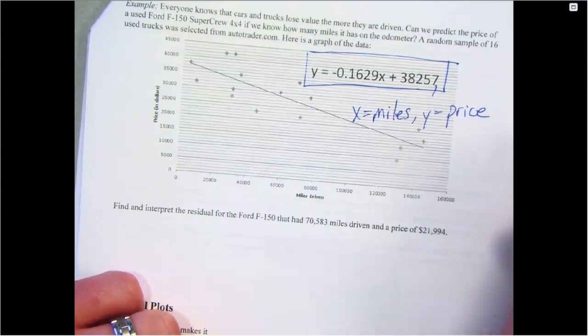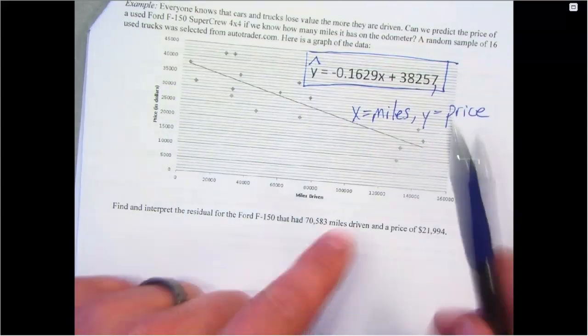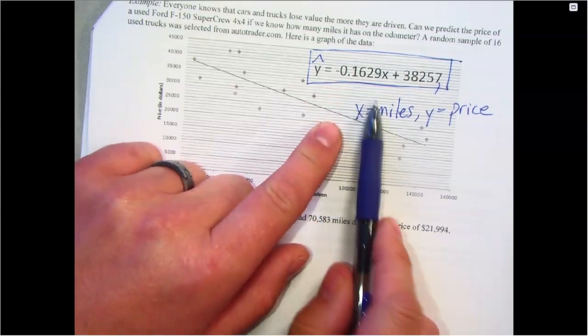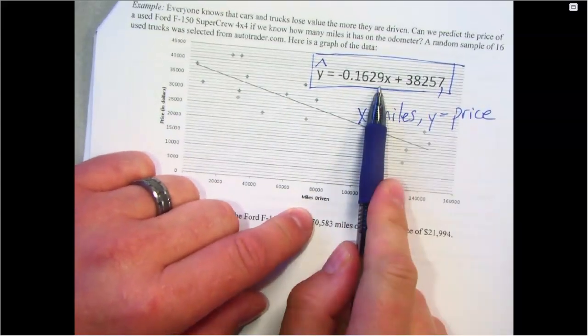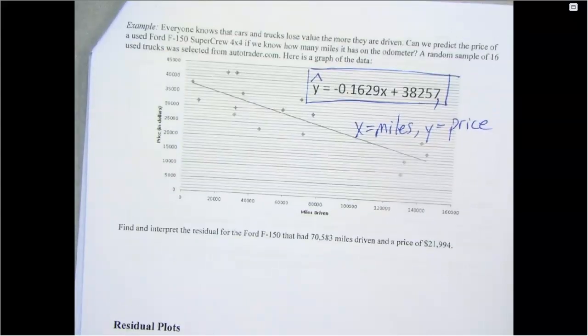Why else is that equation bad? There's no hat. What that equation says without the hat is that every single truck you can plug into that equation and get the exact price. That is not true. It's an overall estimate, average, best fit.